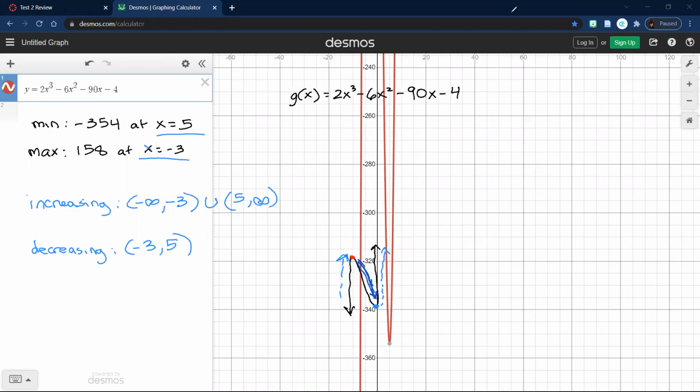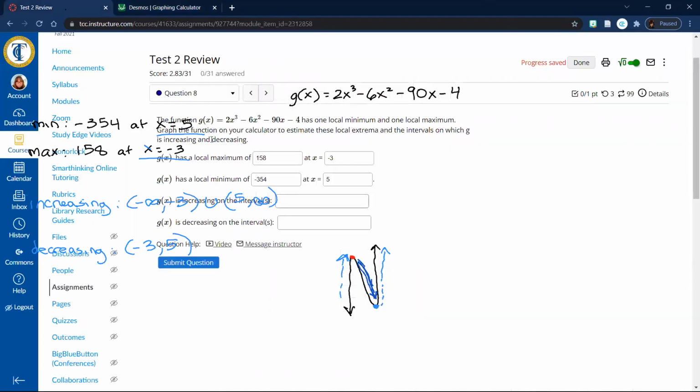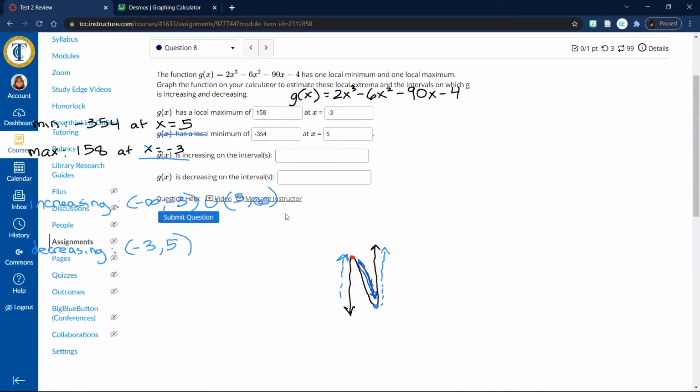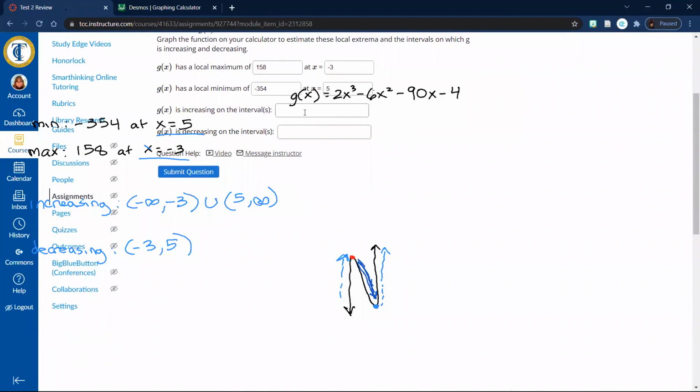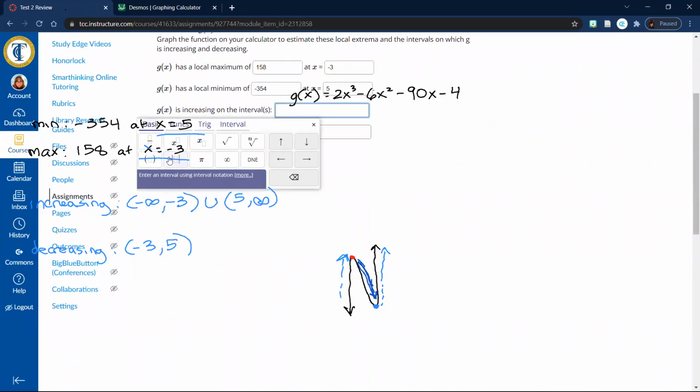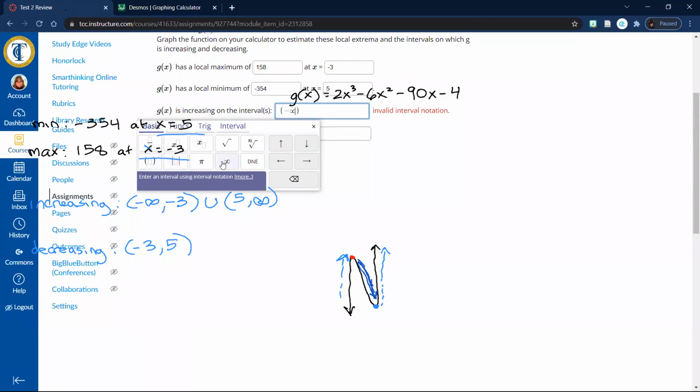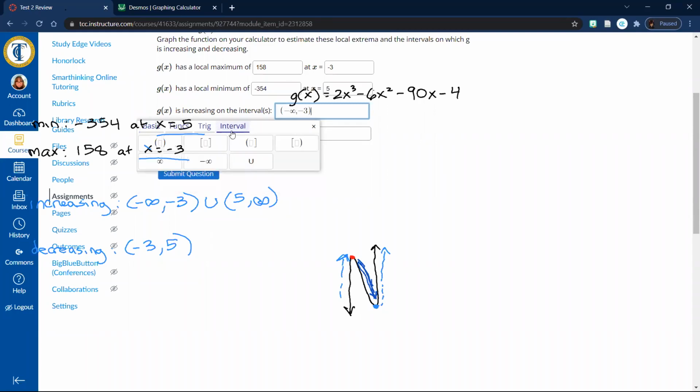So putting that in, this is negative infinity, comma, negative 3, and then we're going to use the union symbol to union it with 5 to infinity.